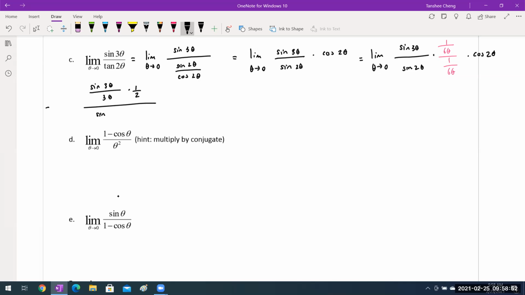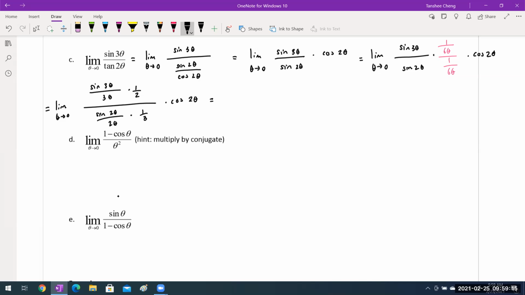I forgot my limit. Sine 2 theta, and I'm going to break down that denominator, 1 over 6 theta, as 2 theta times 1/3, times cosine 2 theta. And this is basically algebraic manipulation.